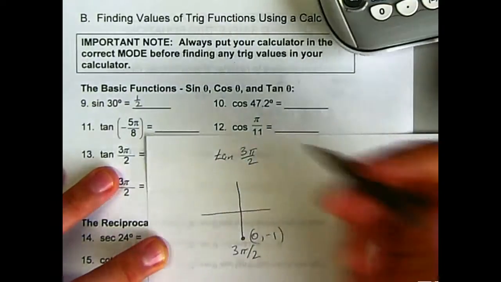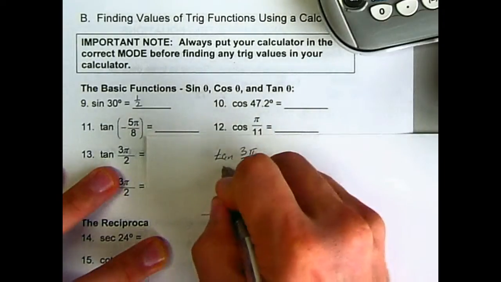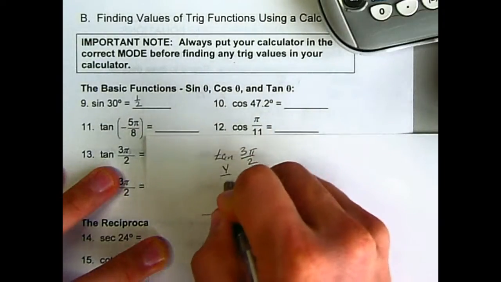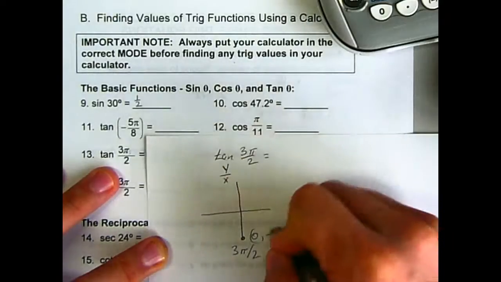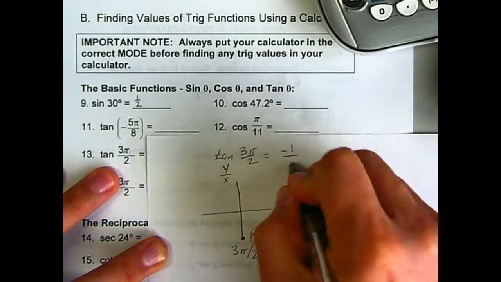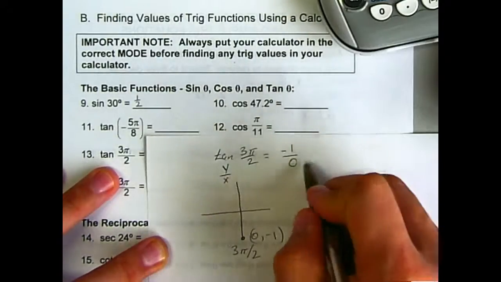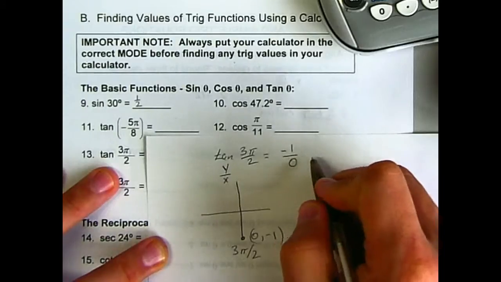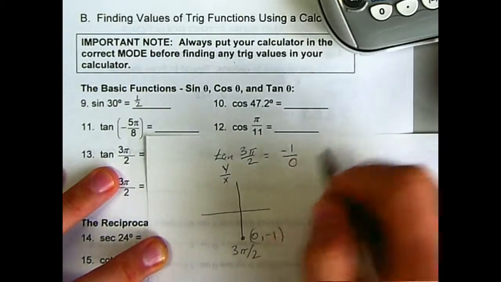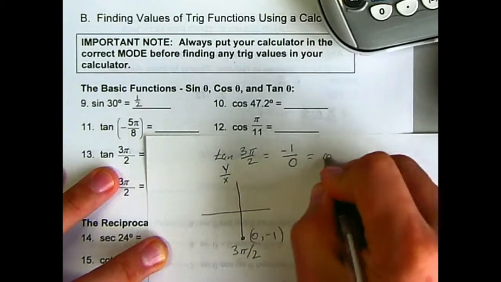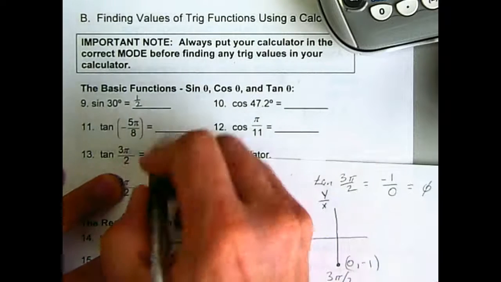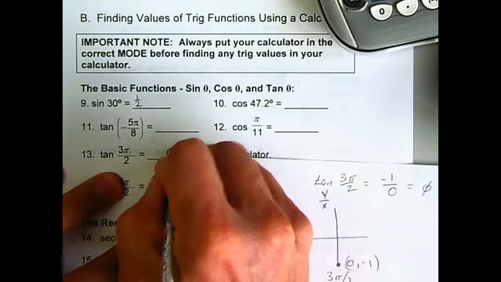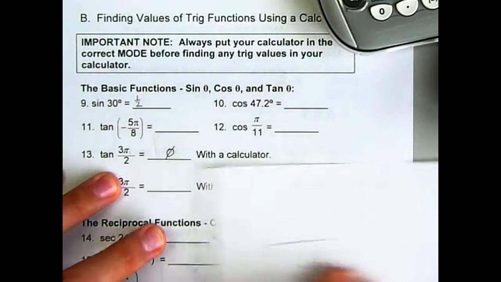Now the ratio for tan is y over x. So tan of 3 pi over 2 is going to be -1, and looky here, over 0. That's why our calculator is spitting out that error to us, because we've got -1 over 0, and we all know that that's undefined. So when you see that error, it means that your solution here is going to be undefined. I can't divide any number by 0.